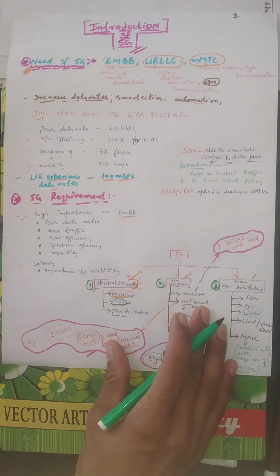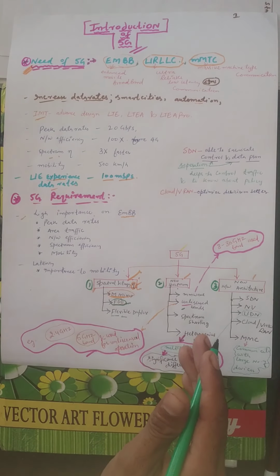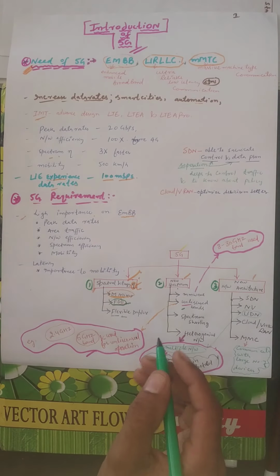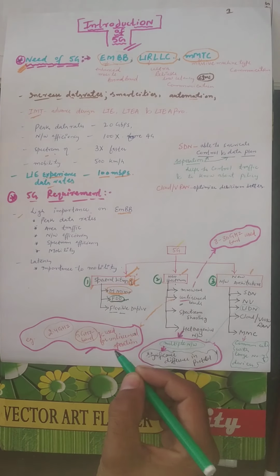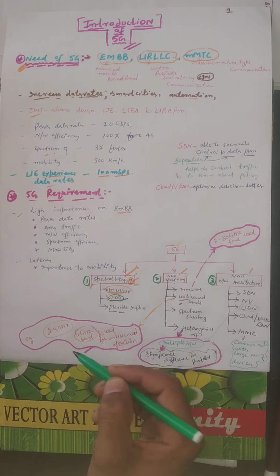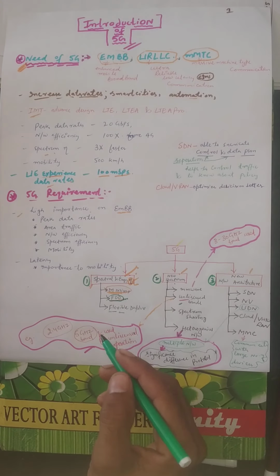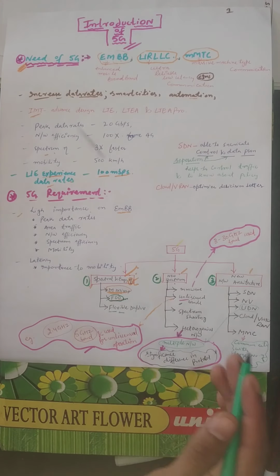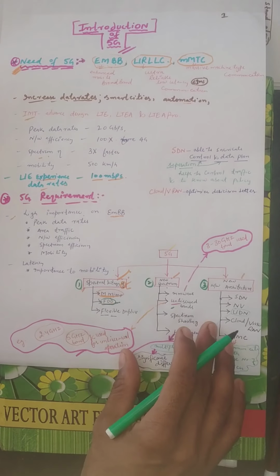These are bands that are not licensed to any particular network. So that type of band is an unlicensed band. For example the 2.4 gigahertz band, 5 gigahertz band, and 900 megahertz that is used for 2G are also unlicensed bands.